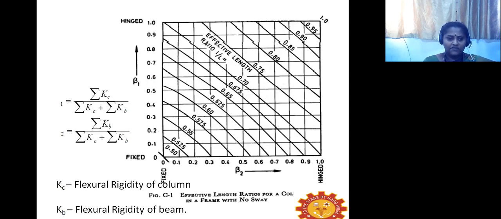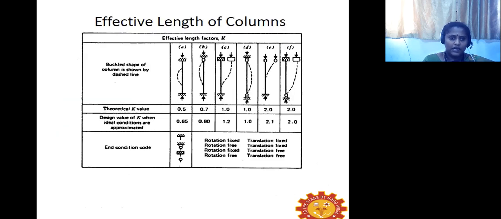And this is the graph available in the code IS 800, which depicts the beta ratios. This is the effective length factor for different support conditions. It is tabulated here, and this table is available in table 2 of IS 800.